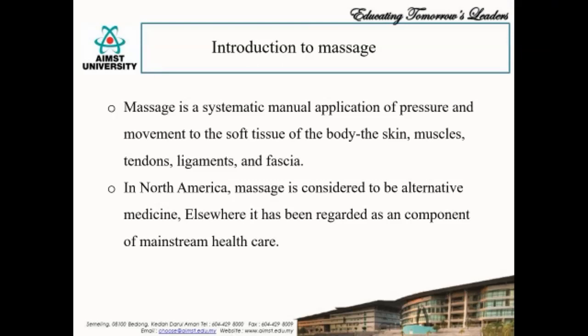When we are talking about allopathy or English medicine, we also do have some traditional medicines, right? Those traditional medicines are called alternative medicines. So like that, in North America, they use this massage as an alternative medicine. That much importance they are giving to massage in North America.